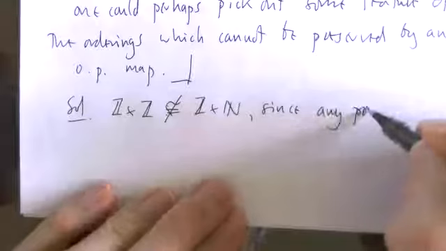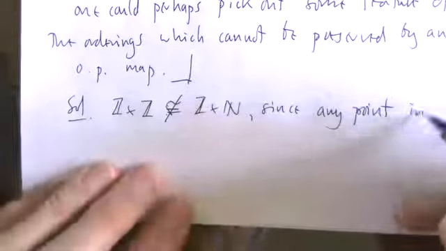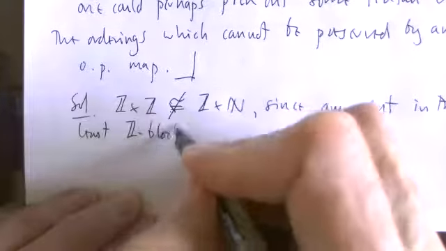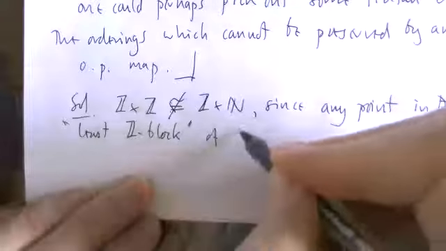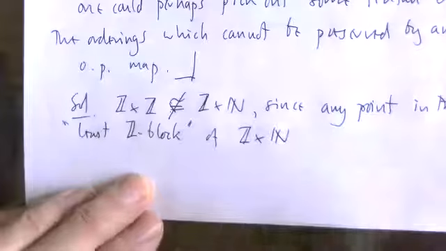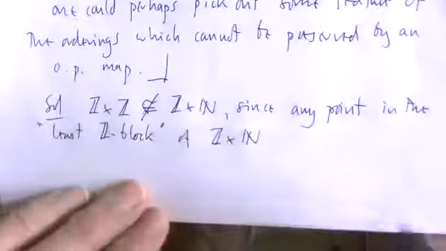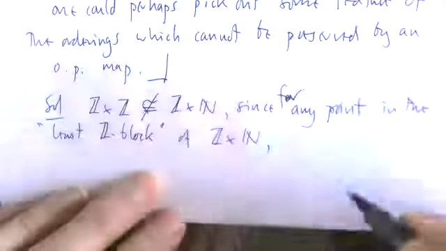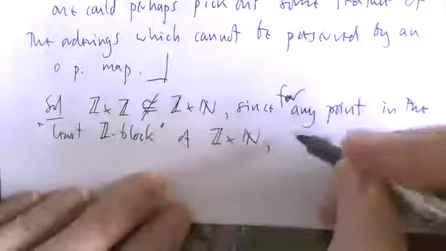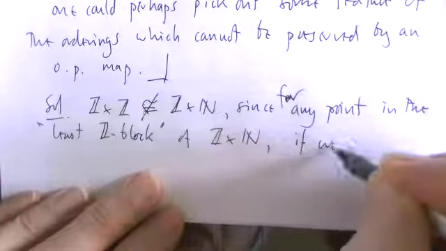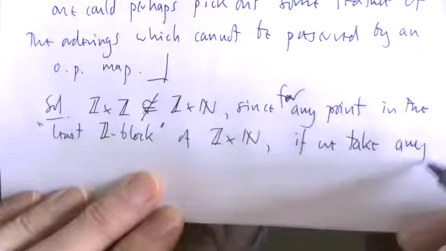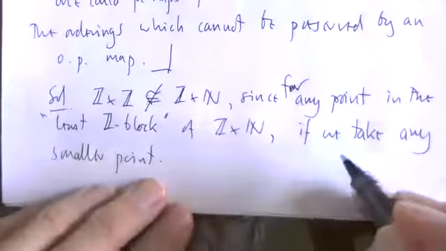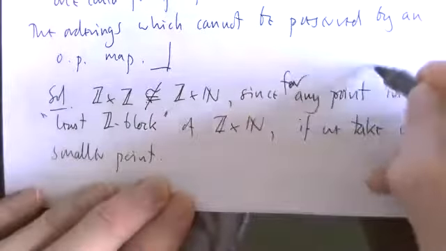Since any point in the least Z block of Z cross N here, let's say for any point, so let me just give it a name, K here.